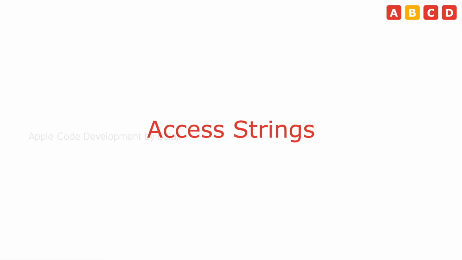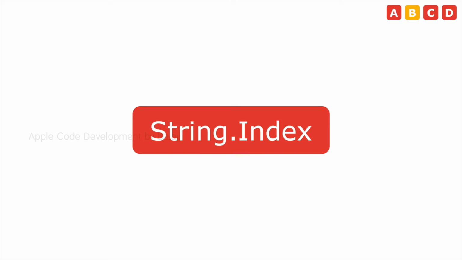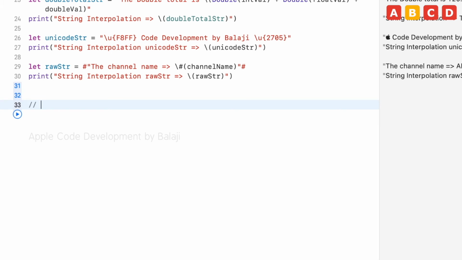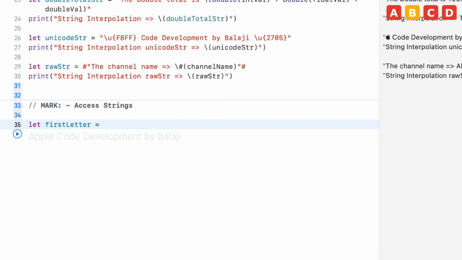The sixth topic is access strings. We can access the position of a string value using the string index. Let's access the channelName characters. Let firstLetter equal to channelName of channelName dot startIndex.